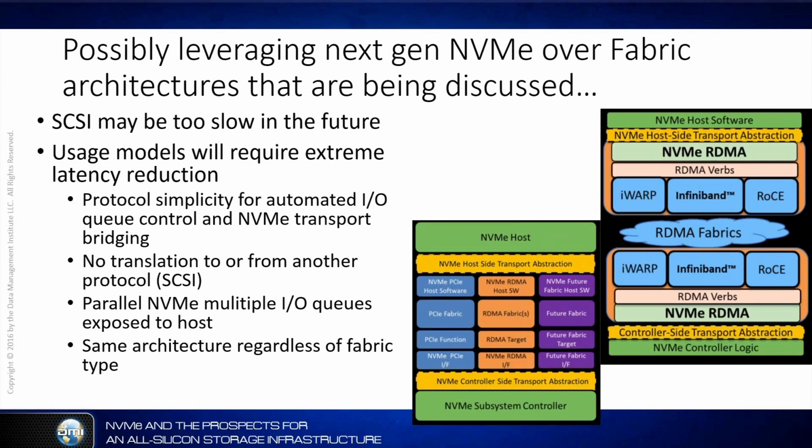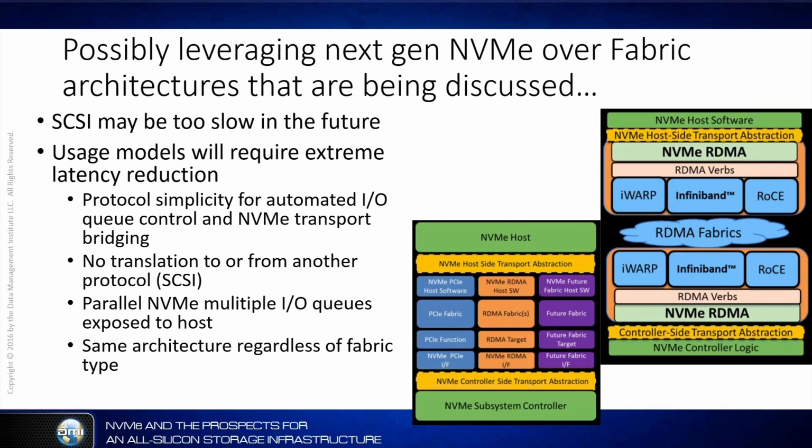In fact, within the last year, we've seen the generation of another specification called NVMe over Fabric. And this is basically an architecture for enabling NVMe style flash memory connectivity to be placed in a scalable fabric architecture. SCSI itself may be too slow in the future to handle all the traffic that's running between different instances of flash storage.